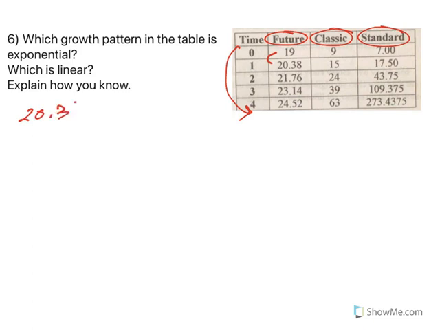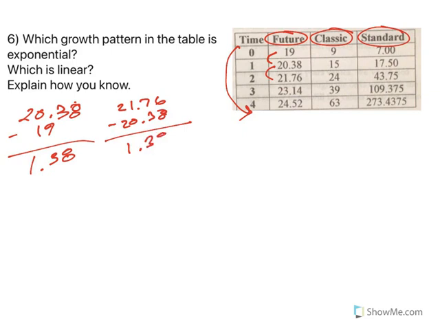So 20.38 minus 19 gives me 1.38. Then check the next one. 21.76 minus 20.38 is 1.38. Yep, this is linear. The first one is linear, and we know that because it has a slope of 1.38. Great. I love this for us.